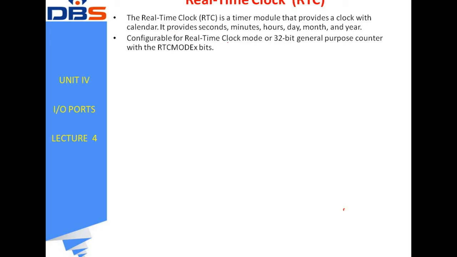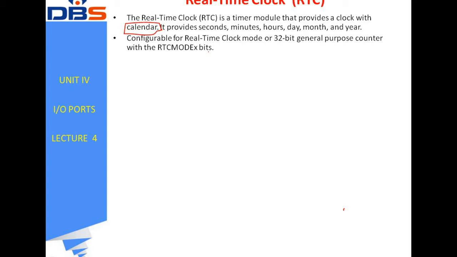It also provides clock in terms of seconds, minutes, hours, days, month and year. We are treating it as a calendar. See here, calendar. That means we need to calculate each and every second. It is configurable for real time clock mode or 32-bit general purpose counter with real time mode selection bit.